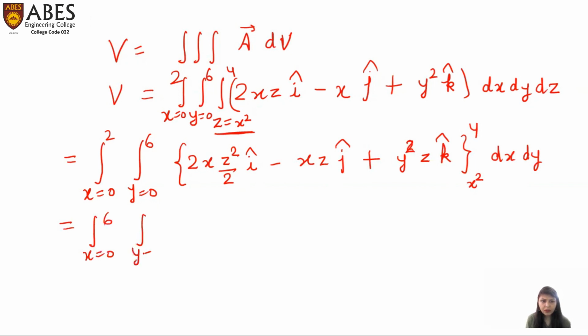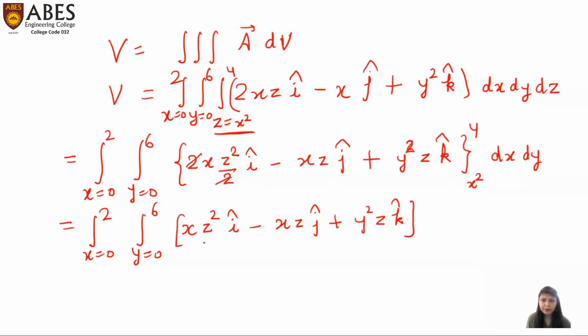So first we have to solve this integration, x equals 0 to 2, y equals 0 to 6. The 2 will cancel out. Only x z square i cap minus x z j cap plus y square z into k cap, x square to 4, dx dy. First we write the upper limit in place of z, and then we put the value of z equals x square, the lower limit.